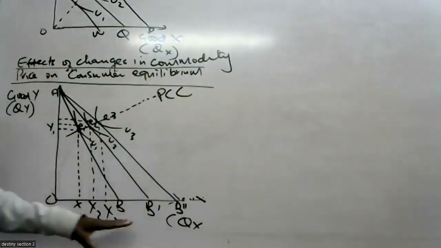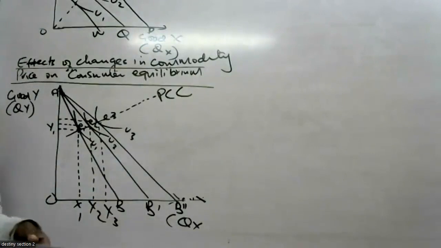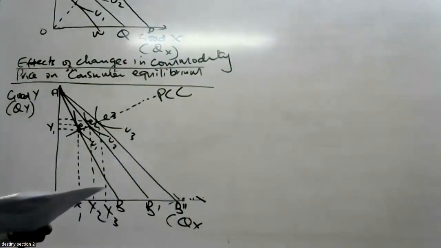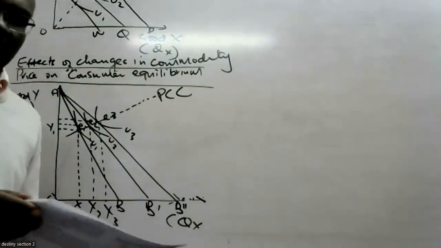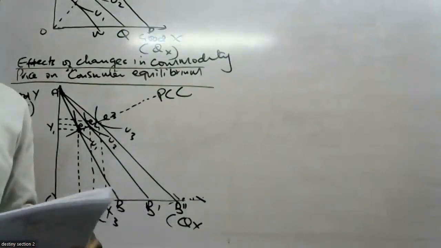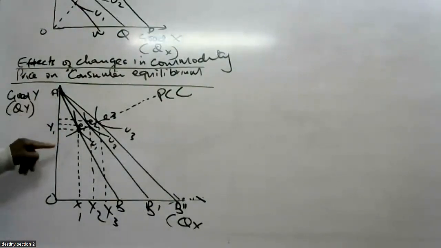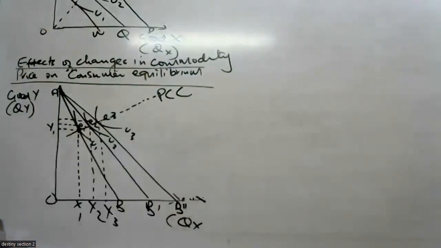You'll assume it's commodity X on the horizontal whose price is falling. If the price of one commodity, e.g. X, falls, the budget line of the consumer pivots. Pivoting means nothing happens on the horizontal, but it opens like a pair of compasses. It opens at the bottom.